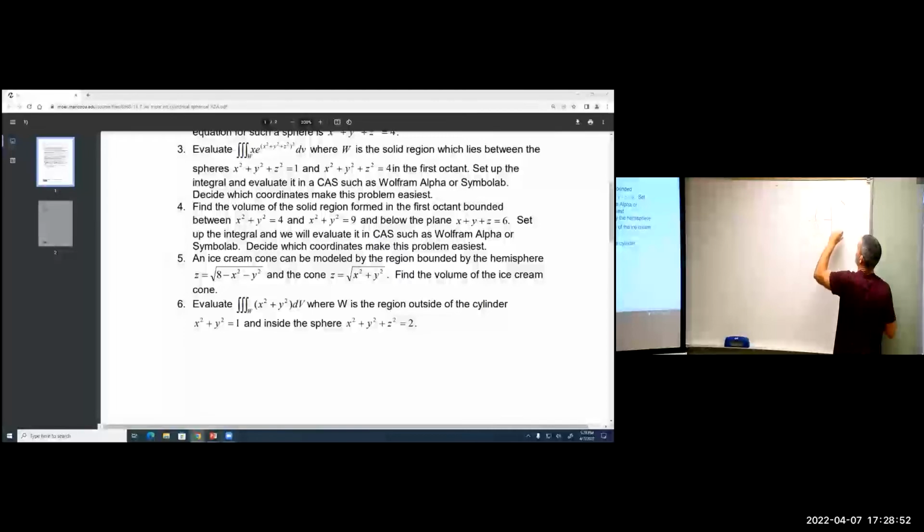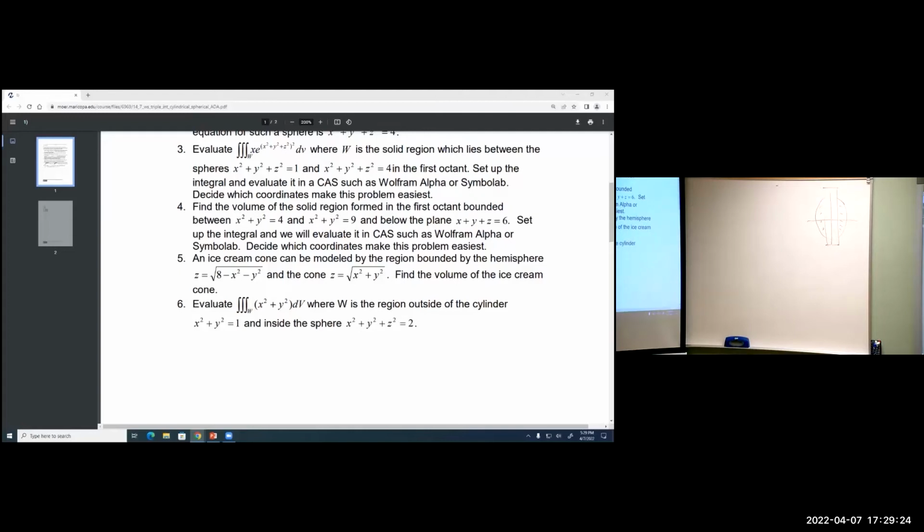We've got this sphere of radius root 2, and then a cylinder cutting through it. Okay, so that part is being eliminated, and we've got this region here, and it's kind of going around the cylinder, right? It's like if you had a tennis ball and you put a cylindrical pipe through it. You can kind of imagine that shape, and what would be left of the tennis ball is our region.